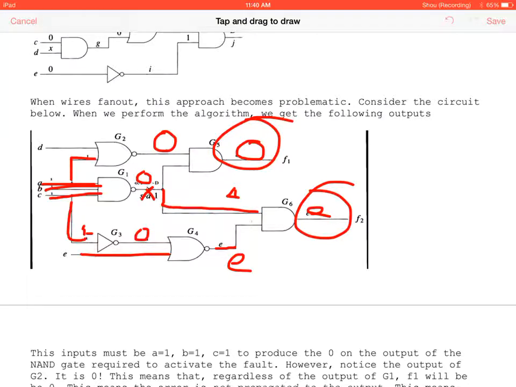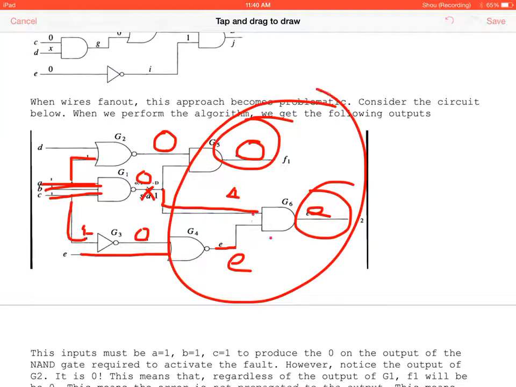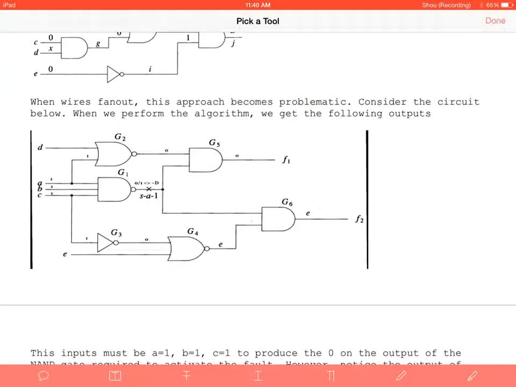This means the test vector we've come up with reconverges and has an impact on the flow of the values. The result is that it's not detected using that. So you actually have to use a different algorithm. When you get what's known as a contradiction, we backtrack. We use a backtracking step, and from there we figure out what the correct value should be.